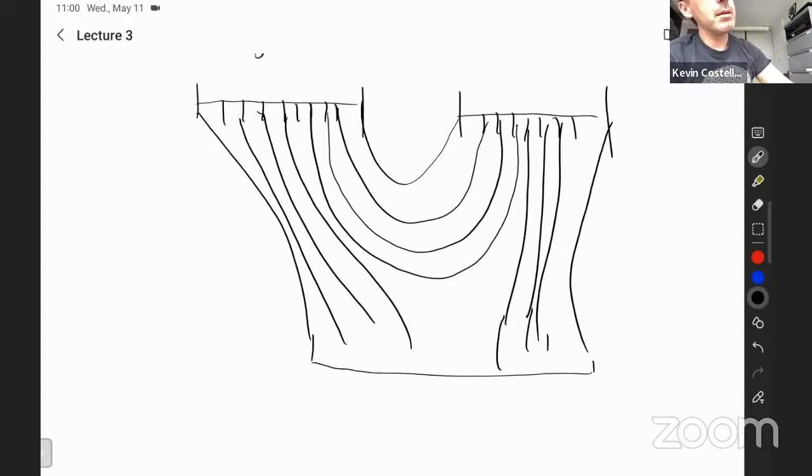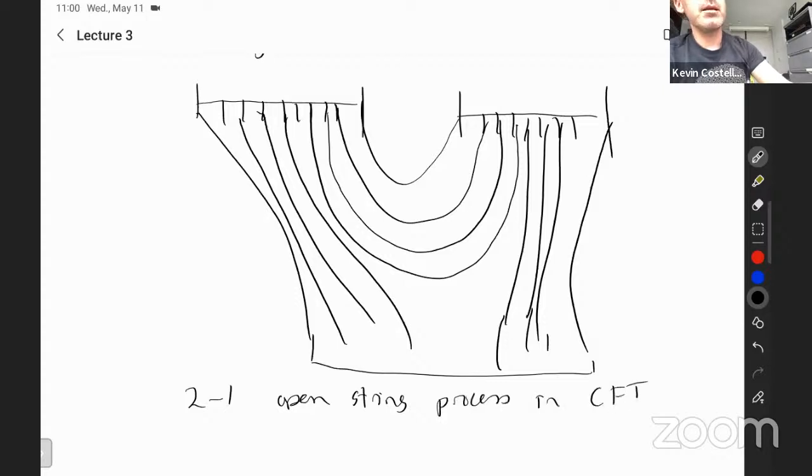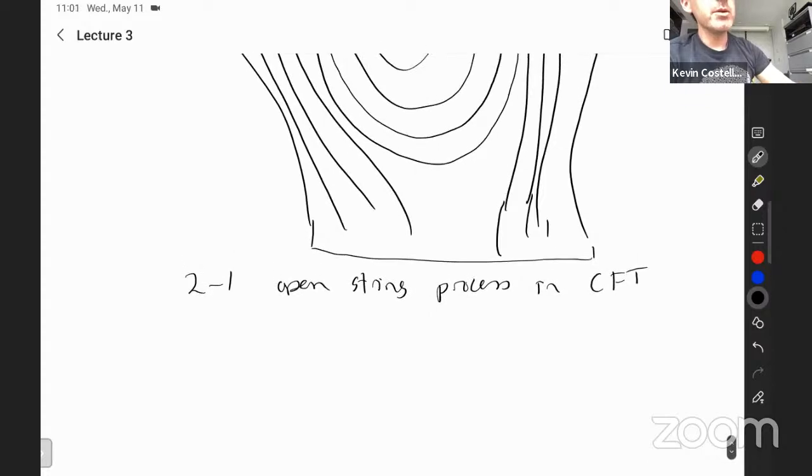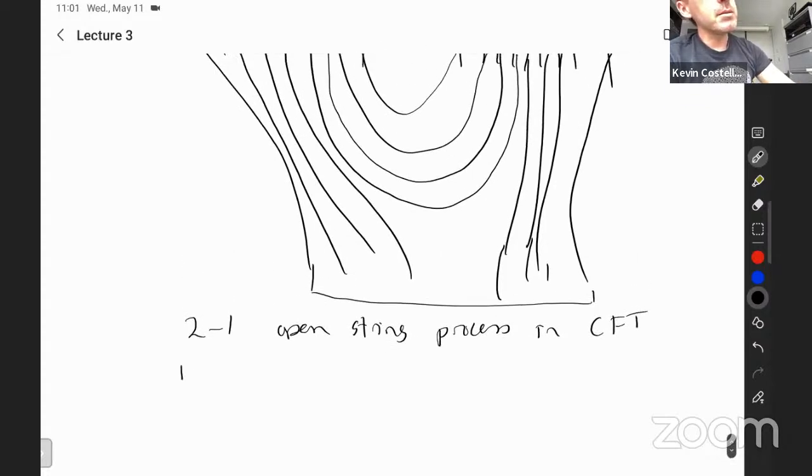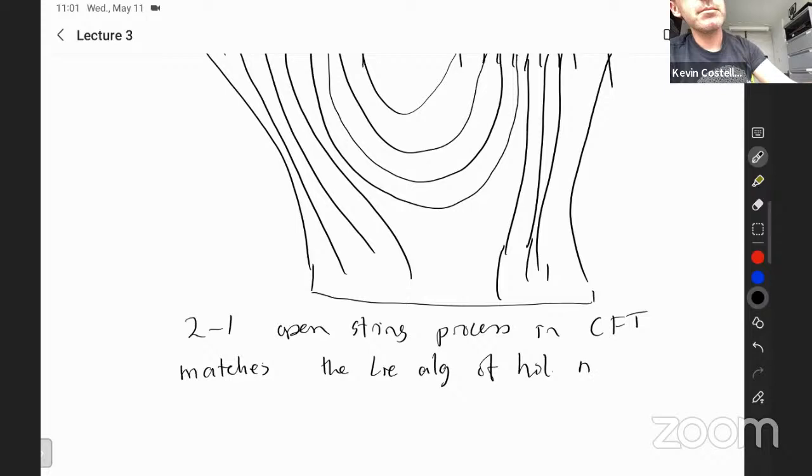This is a 2-to-1 kind of open string process. In CFT, if we're looking at the global symmetry algebra, this matches the Lie algebra of holomorphic maps from SL2C to SO8.